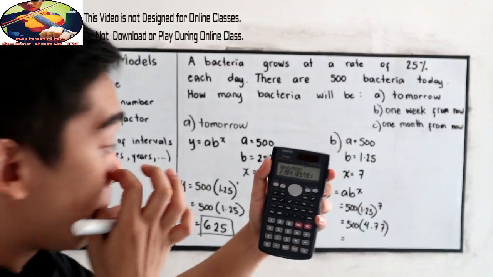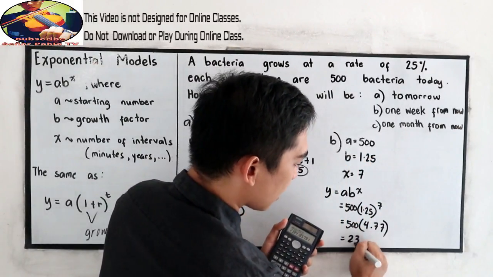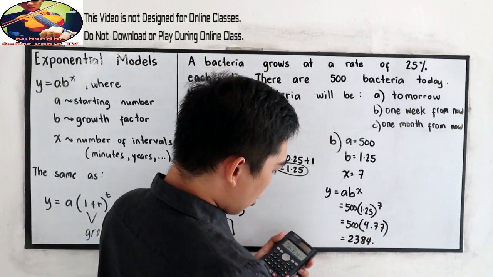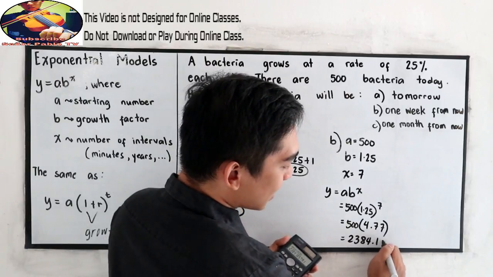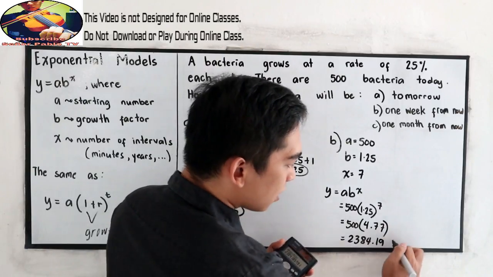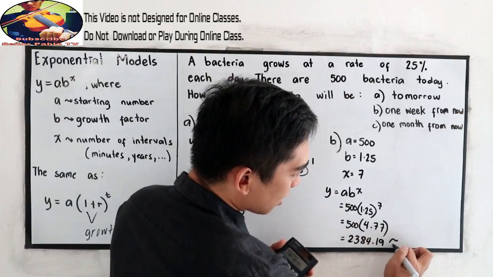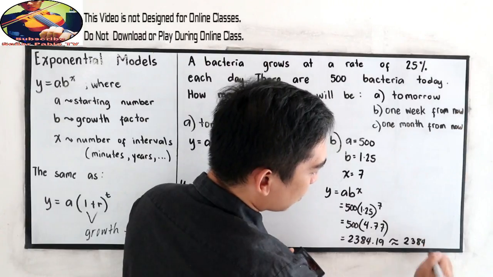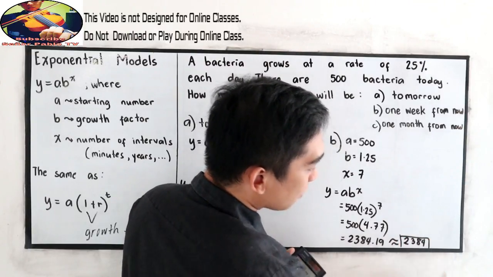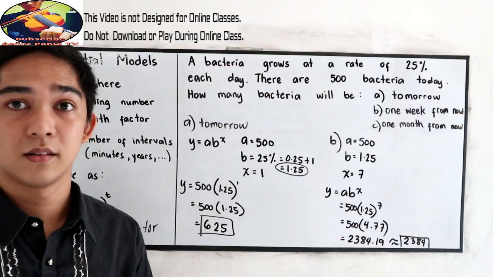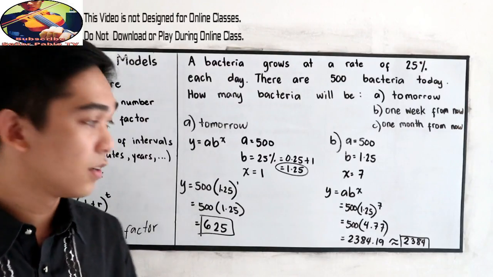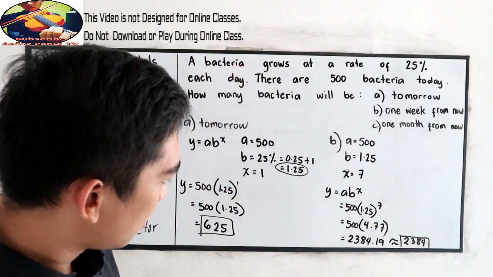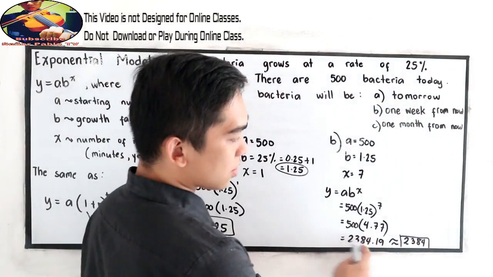This will become 2,384.19, and the estimated answer is 2,384, because we are looking for the number of bacteria.